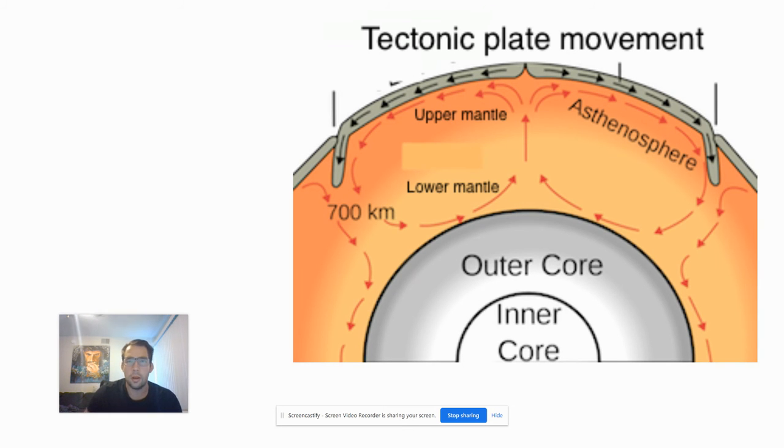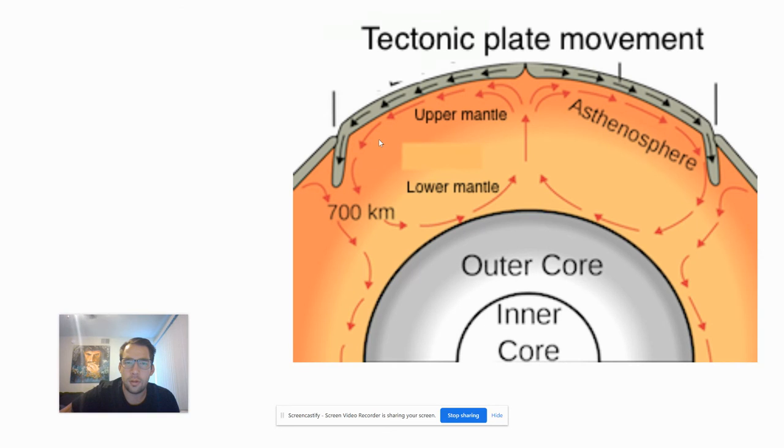So we can see here, this is the basic form for tectonic plate movement. In the lower mantle, we have this really hot rock. As it heats up, it's going to expand, and it's going to flow upwards towards the surface. This gray area is the lithosphere. That's the cool, rigid shell.